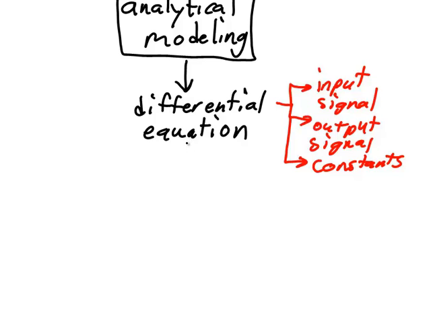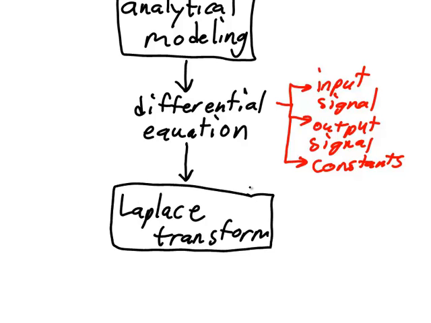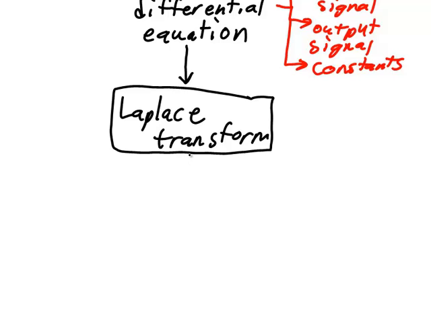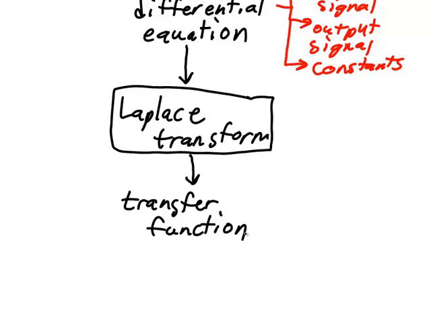So the differential equation, which is the output of the analytical modeling, next goes through the process of the Laplace transform. The Laplace transform takes in the input of a differential equation in time, and what it produces as its output is the transfer function. A transfer function is not a function of time, it's a function of s.